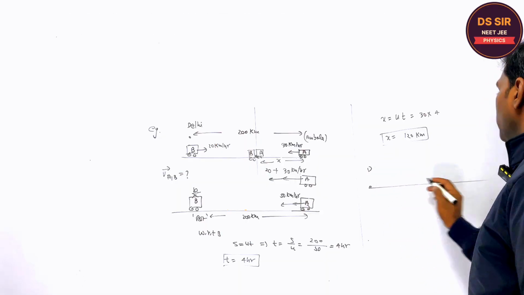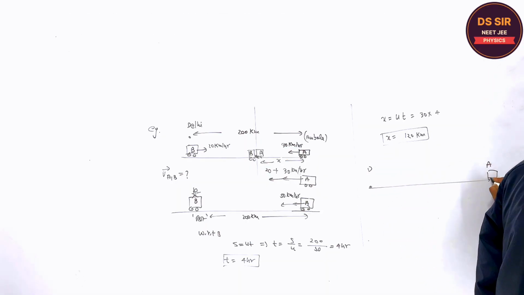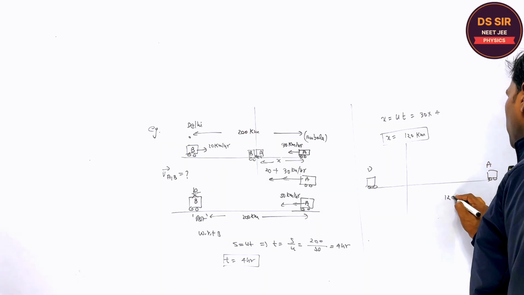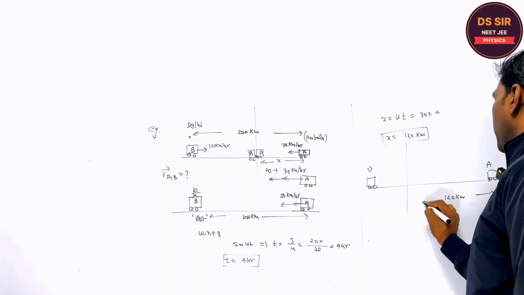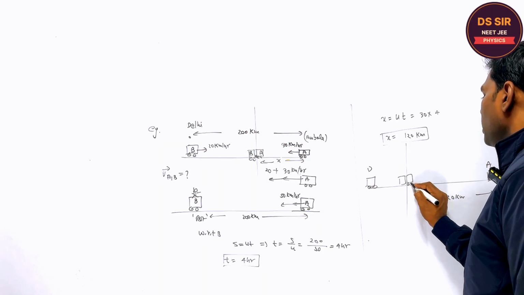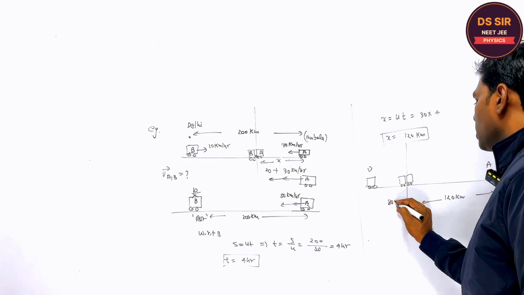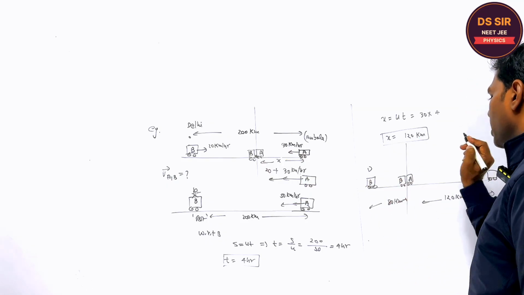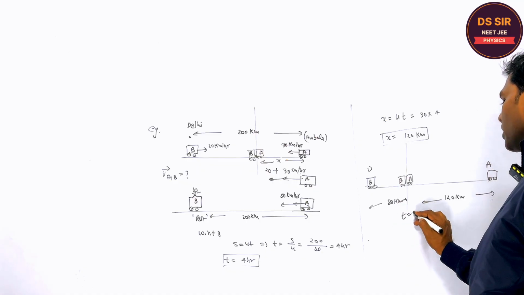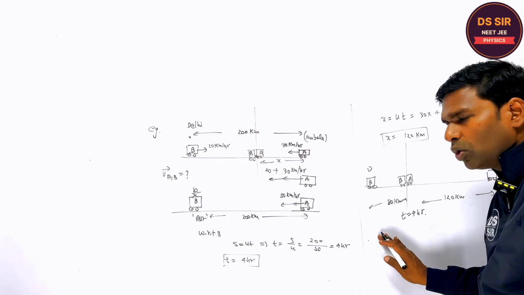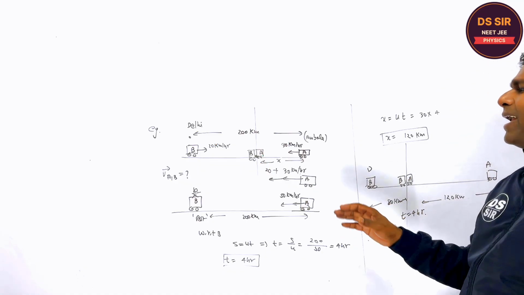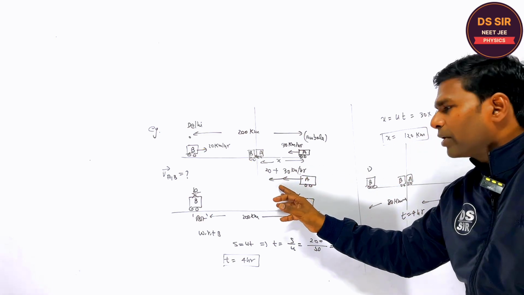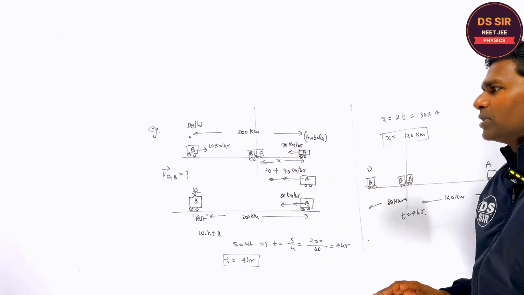If this is D for Delhi, this is A for Ambala, and this is 120 kilometer from Ambala, this is 80 kilometer. This is car B, this is car A. And the time is after 4 hours. So without using any i cap or j cap, you can solve relative questions by a short trick, right?